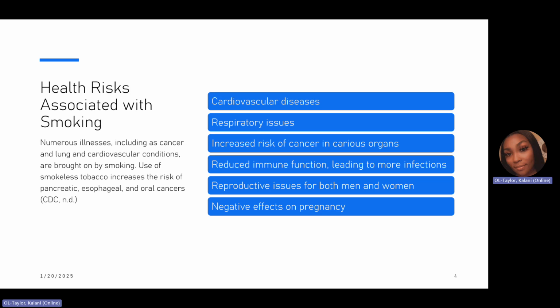There's an increased risk of various types of cancers, some being mouth, throat, pancreas, bladder. You can also have a reduced immune function, so this is going to cause more infections. Reproductive issues are also seen in both women and men, which can have a negative effect on pregnancies, such as low birth weight, premature birth, or fetal nicotine syndrome.